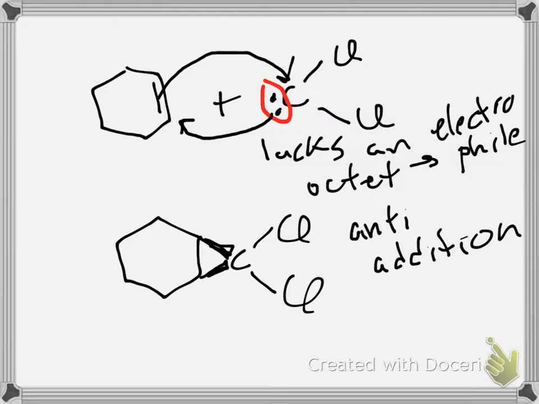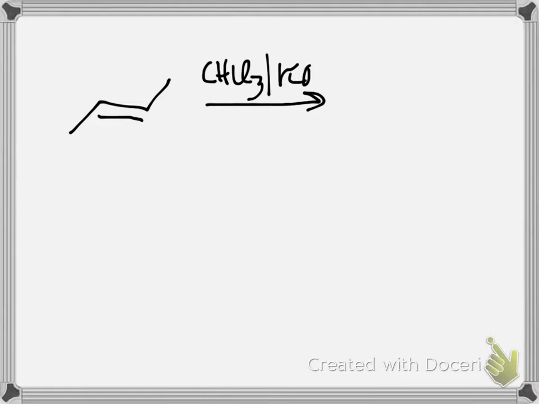You can do other sorts of alkenes. It doesn't have to be a cycloalkene. So for instance, if I take trans-2-butene and react it with chloroform and base, I'm going to form my cyclopropane ring with 2 chlorines on it.